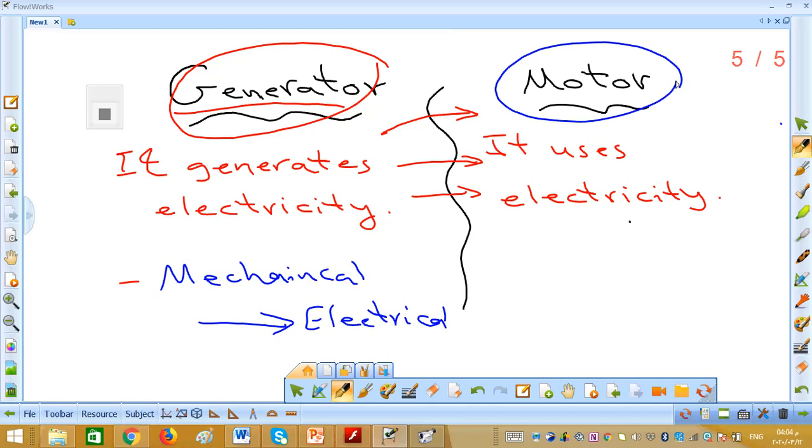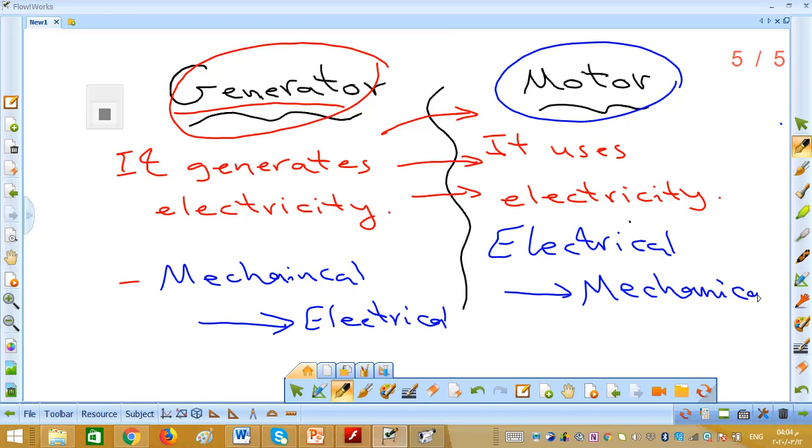They need electricity to work, so they change electrical energy to mechanical energy. Then I'll send a video to support this idea.